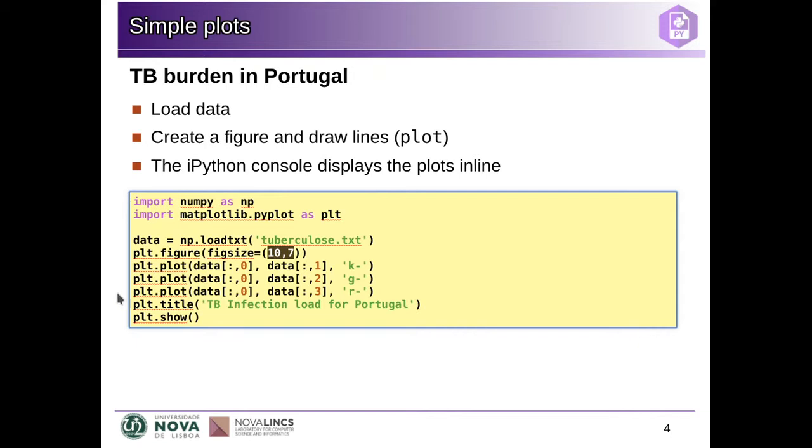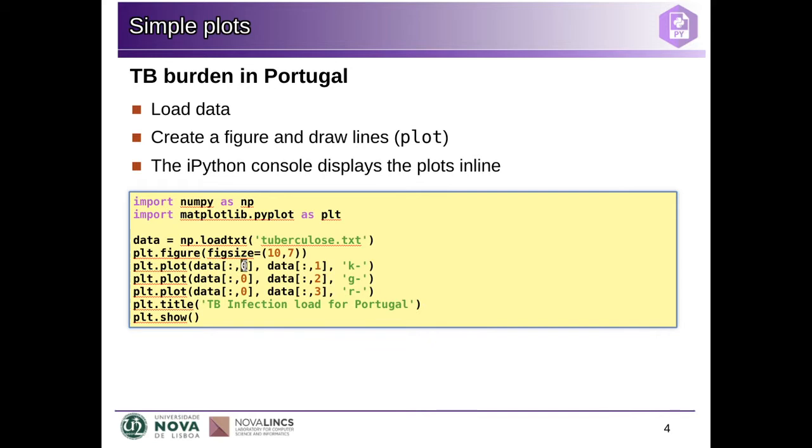And now for plotting, we can use the plot function. The plot function simply takes in the x values, the y values, and you can use a string to specify the display that you want. So in this case, the x values will be the years, which are the first column in our data. So from data, we select all the rows and the column of index 0.